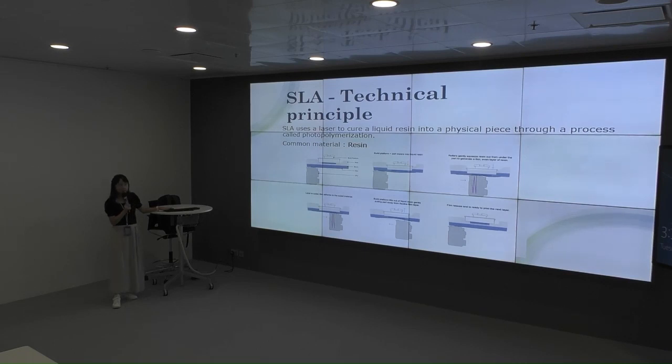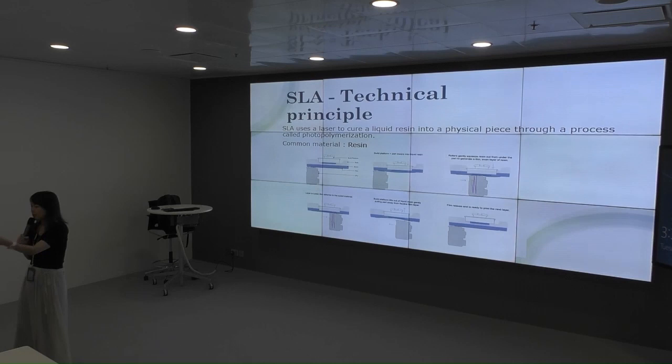Another technology is SLA. The material we use is resin. Resin is liquid, and it uses a laser to act on the resin to form the solid object. So the result is very high accuracy.